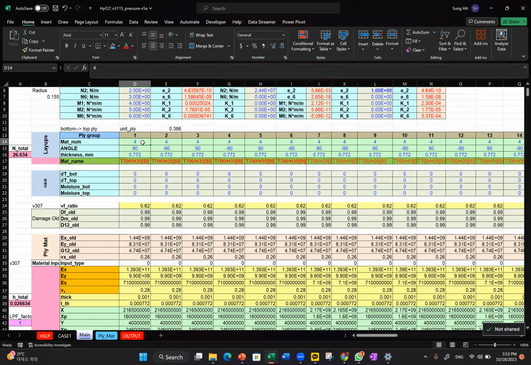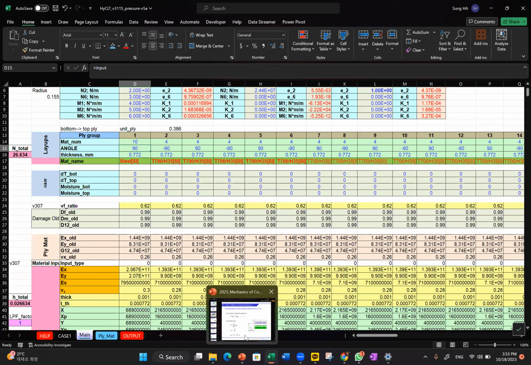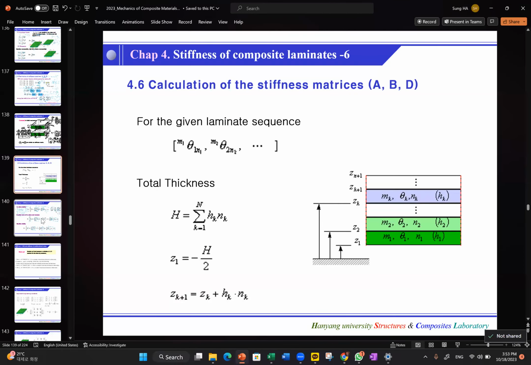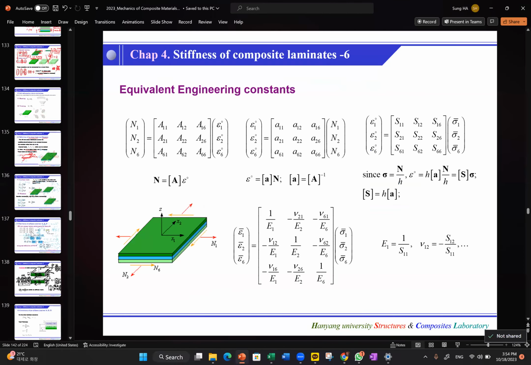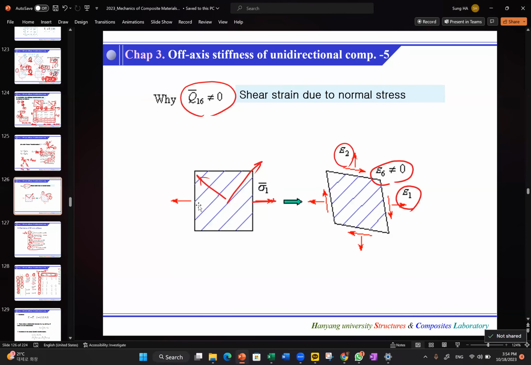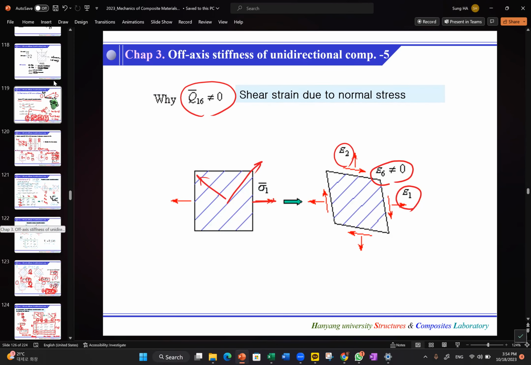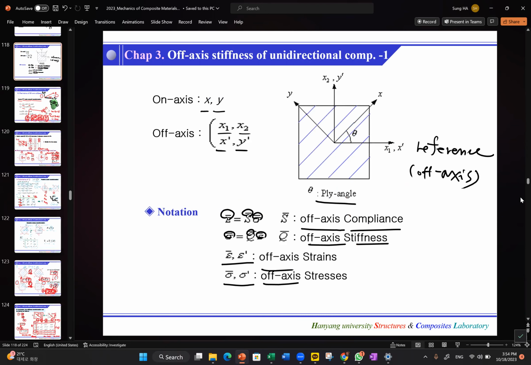If we just enter number 10, it means the first ply will have steel, and now the angle is the one we need to understand. You can guess what is meant by the angle. The carbon fiber or any fiber will have a certain fiber direction. This is the fiber direction as shown here.